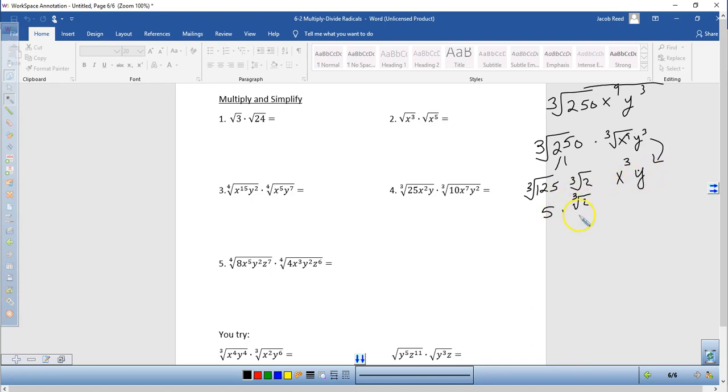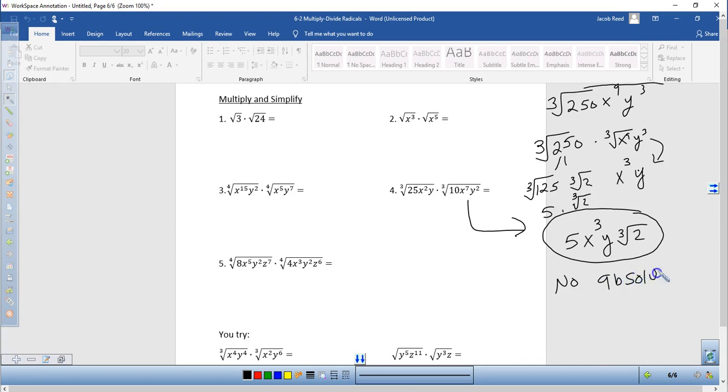So now I write this all together as a list. I have a 5, I have an x cubed, I have a y, and I have the cube root of 2. And yet again, we need no absolute value, because we had an odd index.